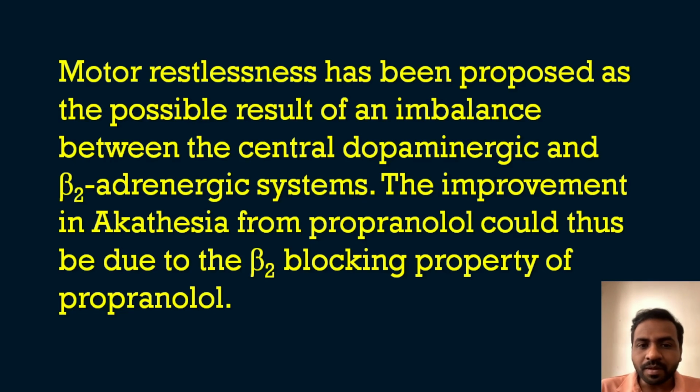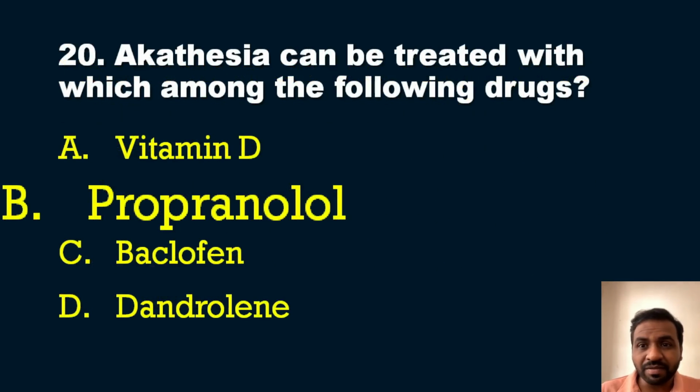You are getting information regarding extrapyramidal syndrome. We give antipsychotics to schizophrenia patients, and antipsychotics can cause EPS, and in that akathisia is one. Vitamin D is not the answer, but vitamin B6 can improve akathisia symptoms.